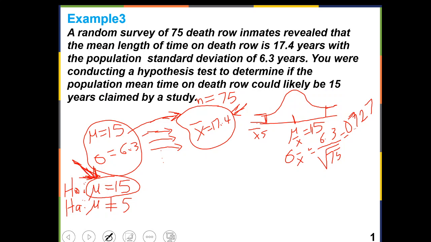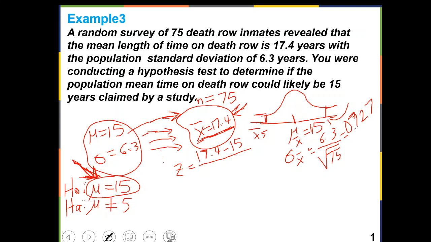So what we're going to do is this. We're going to say, okay, what is the probability that we're going to get a number up here, right there, that is that far, right? That far away from 15. How far? That far. Well, how far is that? Well, let's see. We can find the z-value. What is the z-value for 17.4 minus 15?